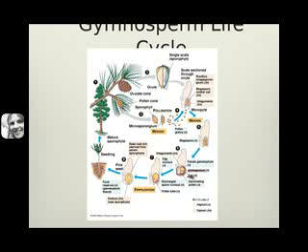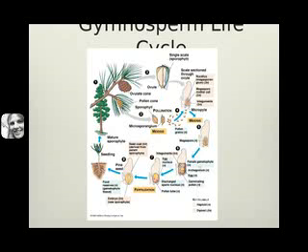Usually in this female gametophyte, there are several archegonia, so there are several eggs, although most often just one gets fertilized. So here we have our female gametophyte with several archegonia, and the archegonia contain eggs.